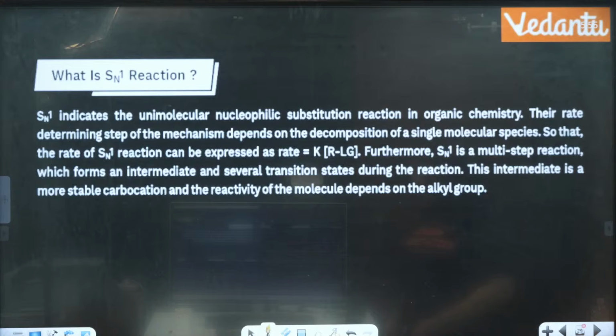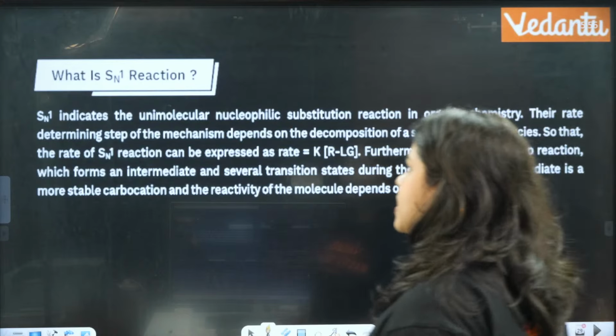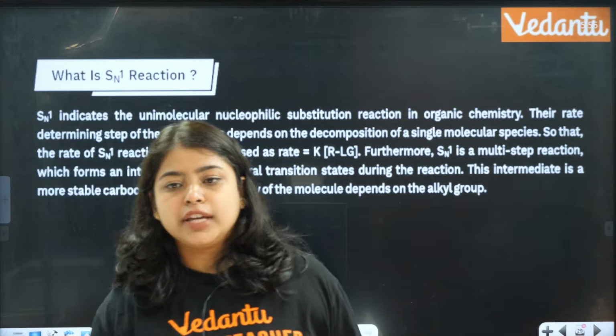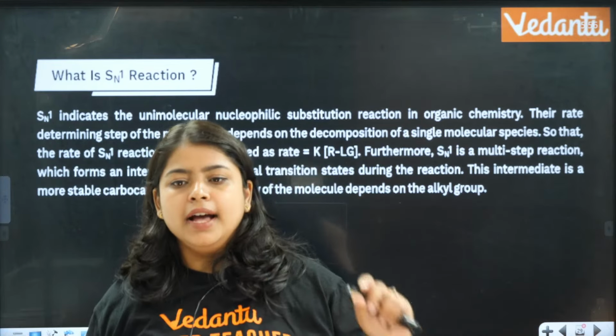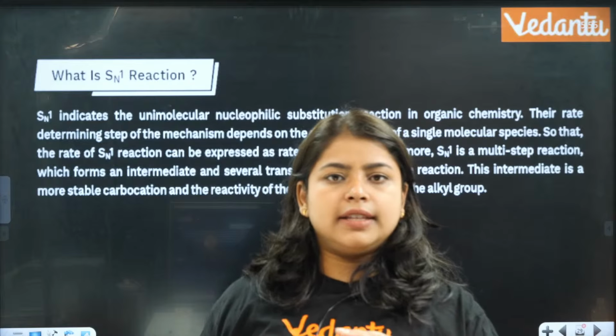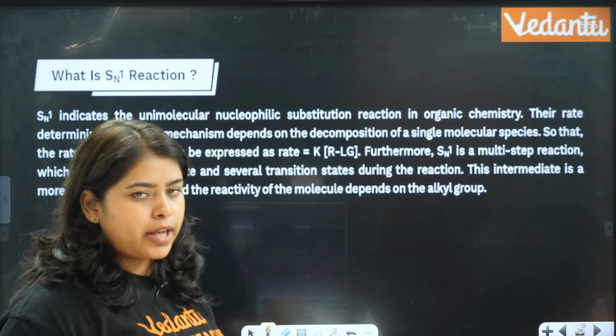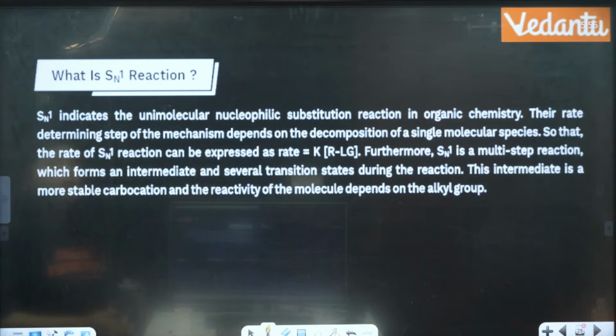Okay, let's start. Next one is what are SN1 and SN2 reactions. In each chapter, Grignard's reagent, some preparations from alcohols, and SN1 and SN2 reactions are compulsory. What is the meaning of an SN1 reaction?